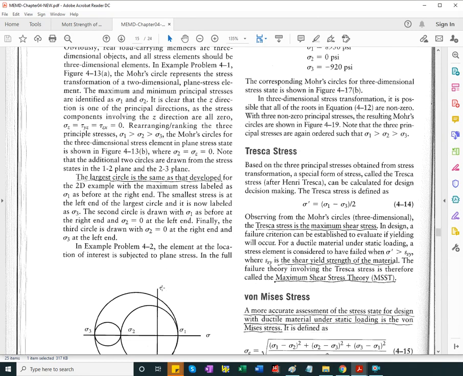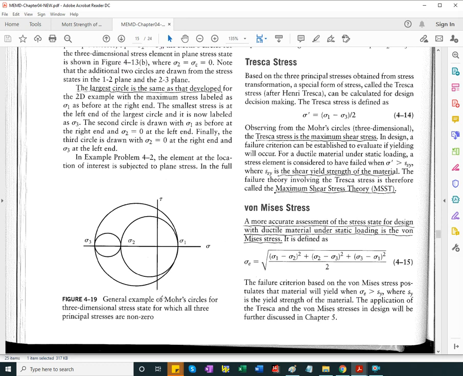Okay. The more relevant case with the third stress in a 3D Mohr circle is when sigma 1 and sigma 2, the principal two-dimensional stresses, are both positive.